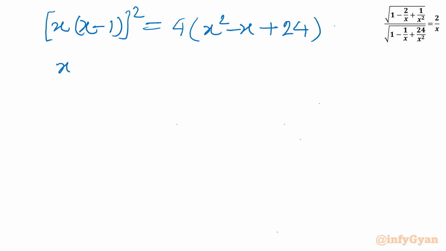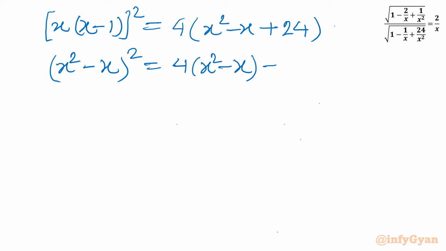Okay, so we can write (x square minus x) whole square equal to, expanding this, 4 times (x square minus x) plus 4 times 24, which is 96. Now left hand side x square minus x, right hand side x square minus x.